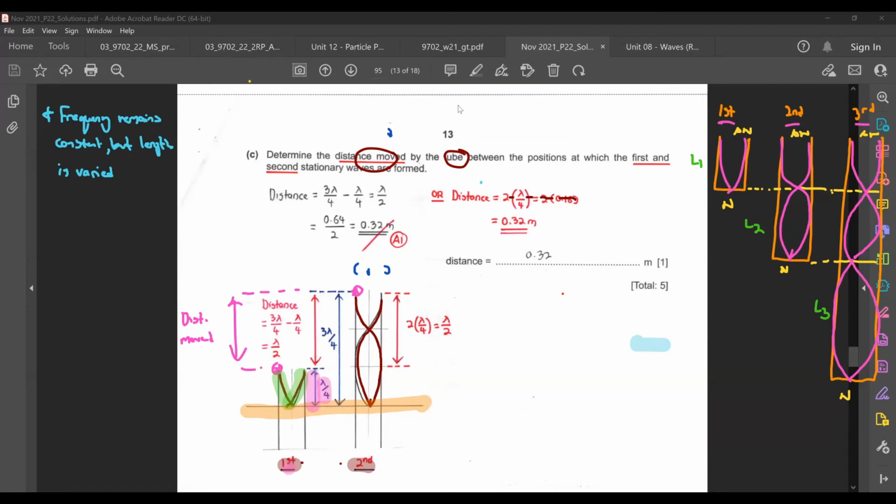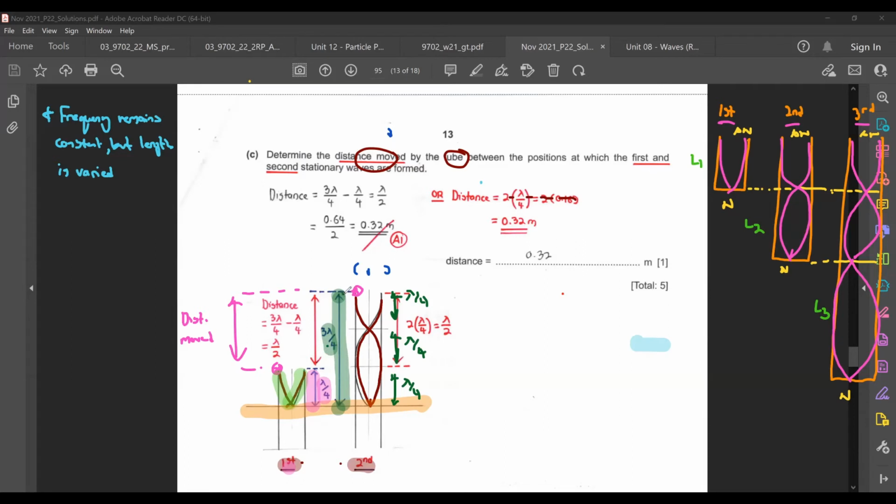If you go on to the second stationary wave, from the water surface to the top end of the tube, this one is going to be 3 lambda over 4. Okay, because I know that this one is lambda over 4, this one is lambda over 4, this one is lambda over 4. Distance between adjacent nodes and antinodes will always be equal to a quarter lambda. So now I know this one in total is 3/4 lambda.